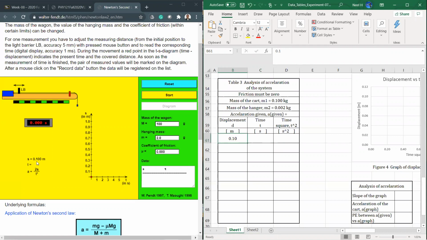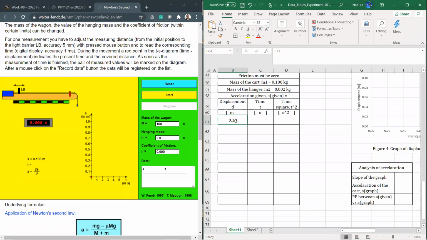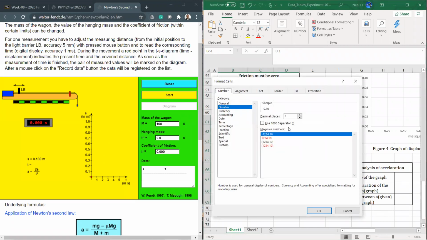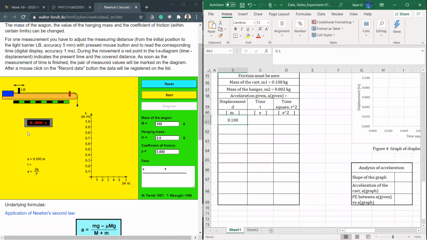I can add one more decimal place, as you see there. If you want to do that, click and select this whole range of data, right-click, format cells, and change the decimal places to 3. We can show the number of decimal places and significant figures we are observing in the simulator, because we would like to report all the numbers we're reading.